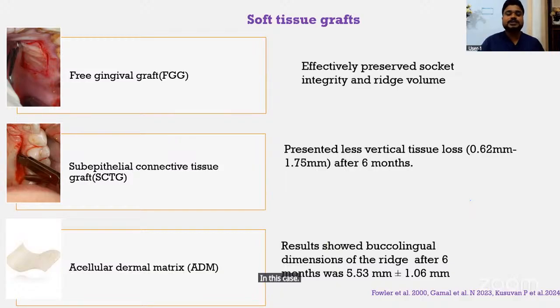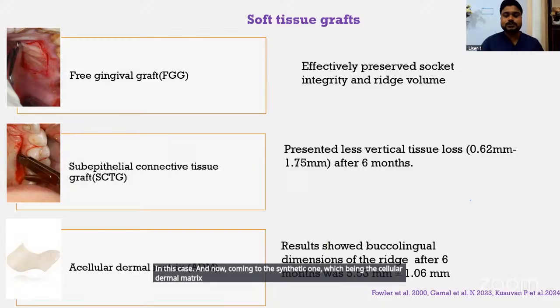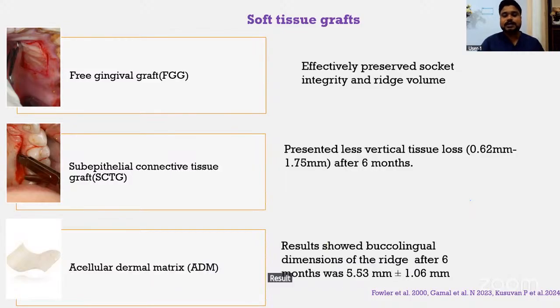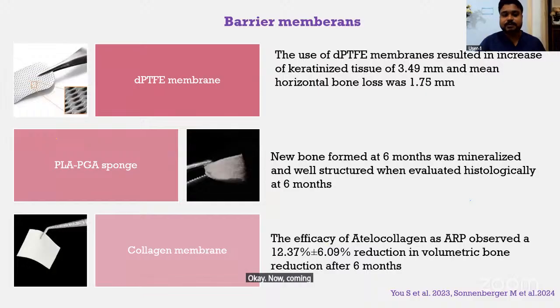And now coming to the acellular dermal matrix, when it is used, results show that the buccolingual dimension of the ridge after 6 months was 5.53 mm, meaning only about 0.6 mm of bone loss was anticipated after 6 months. Okay. Now coming to the barrier membranes. Barrier membranes are the membranes which are used as a barrier.